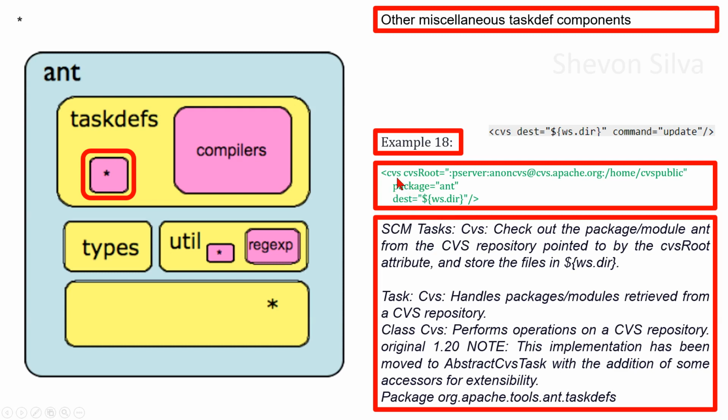The task CVS handles packages/modules retrieved from a CVS repository. With regard to API, the class CVS performs operations on a CVS repository. Original 1.2 note: this implementation has been moved to AbstractCvsTask with the addition of some accessors for extensibility. This is in the package org.apache.tools.ant.taskdefs.